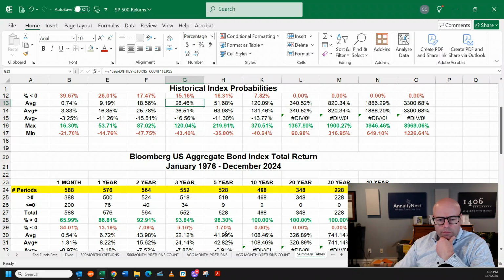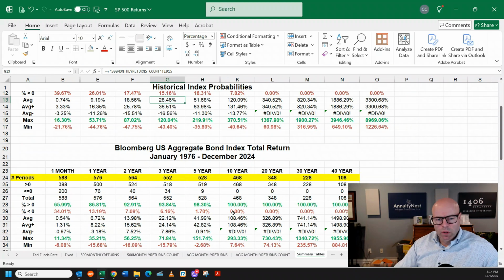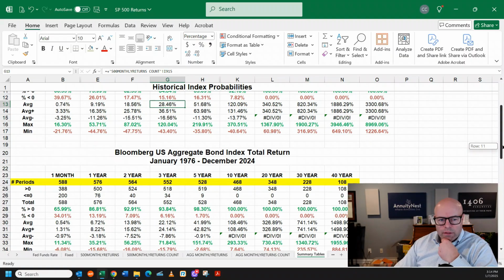Stocks 51, bonds 41, stocks 120, bonds 108. So you get maybe 6, 10, 12% more. I mean, $6,000, $10,000, $12,000 more. It's certainly not chump change.